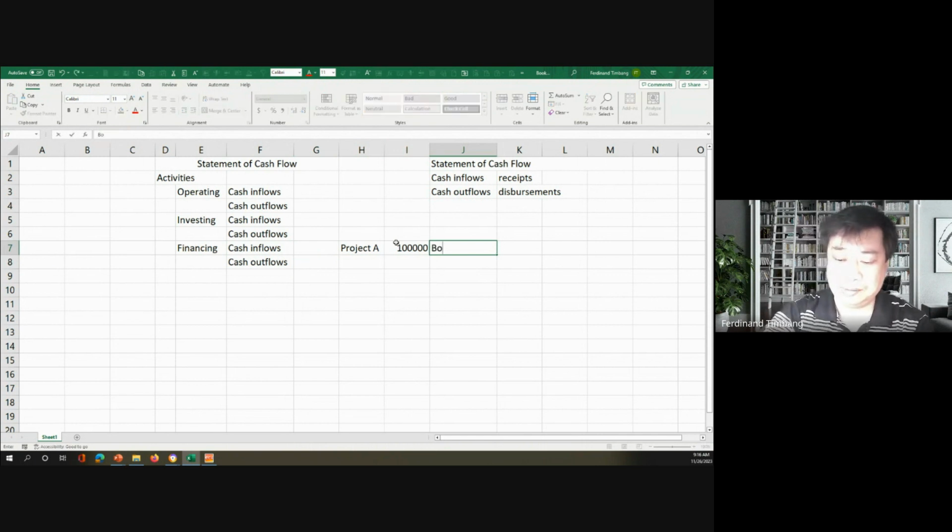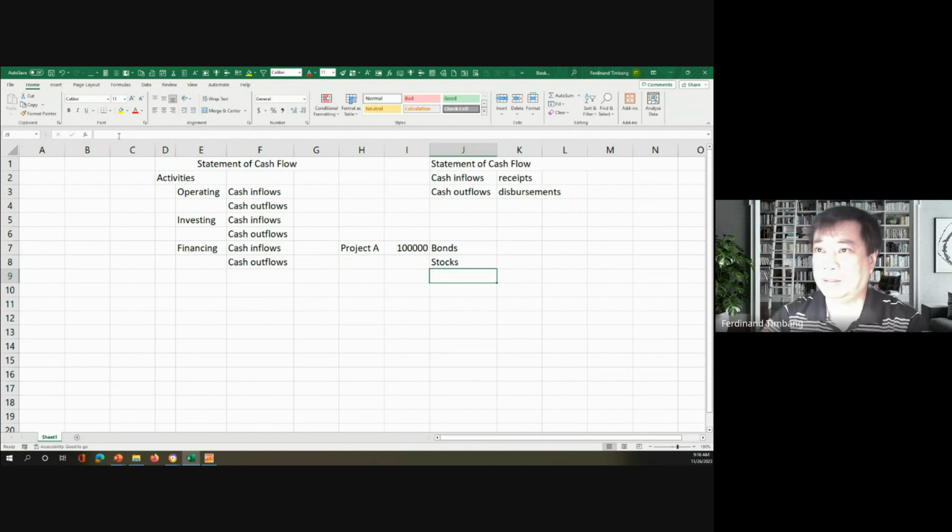Is it bonds, or is it stocks? Mga ganyan siya. So those are financings. Like what I said, practically the statement of cash flow analyzes only the movement of cash inflows and cash outflows, and they are divided into three activities: operating, investing, and financing.